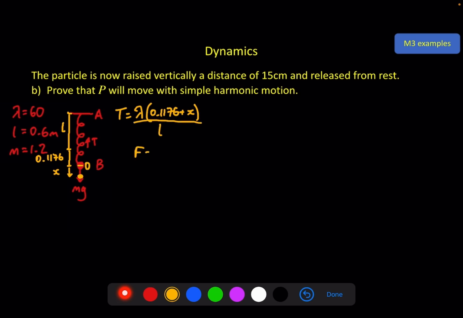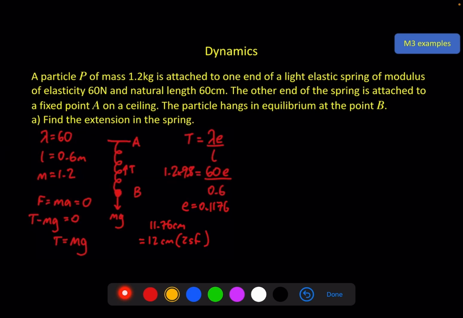So our F equals ma equation becomes mg minus lambda, which we know is 60, times 0.1176 plus x over L, which we know is 0.6, is equal to mass times x double dot. Now it's worth noting here, if I go back a second, that this 11.76 centimeters came from this equation, which was mg times L divided by lambda.